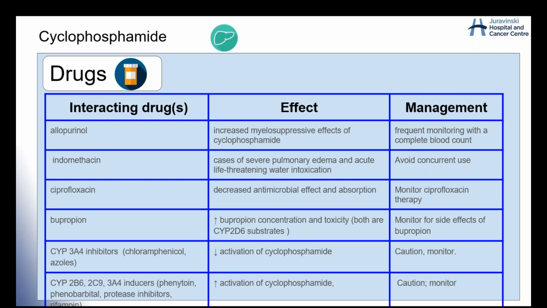The list is a lot longer, not to concern or alarm you, but to tell you that when we start you on a medication like cyclophosphamide, it's important for us to know what medications you're on, so that we do what we need to do in terms of managing these drug interactions. Some interactions we cannot avoid.